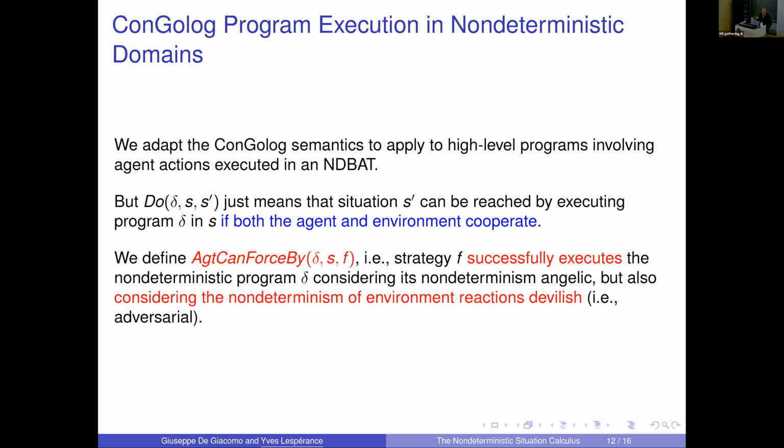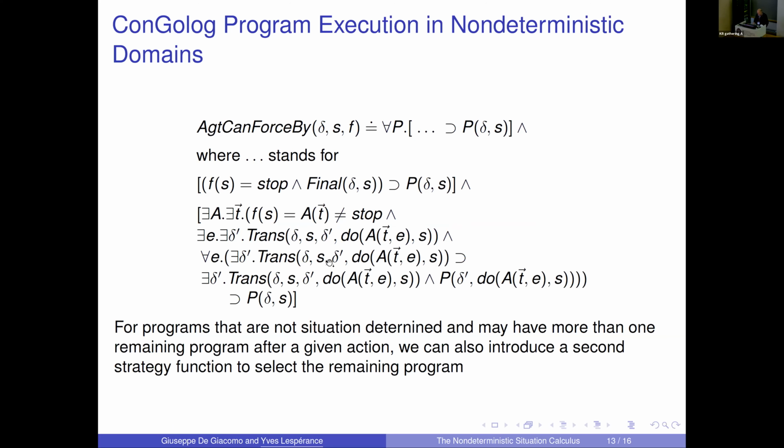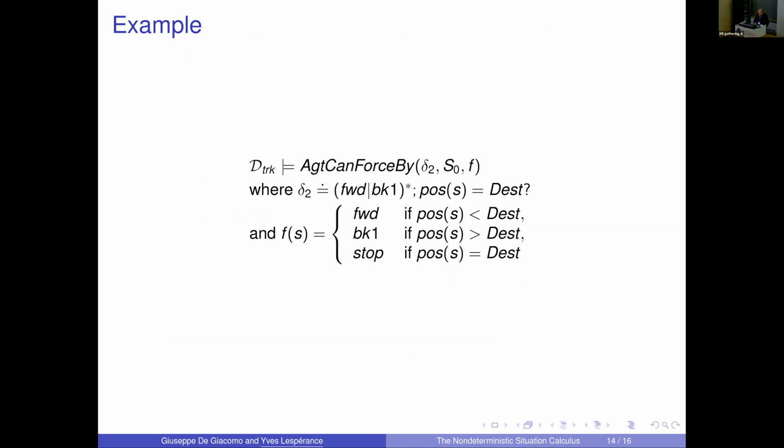So these programs include agent actions, but not environment reactions. We define a notion that the agent can force a successful execution of the program delta starting in situation S by following a strategy which chooses which actions to do. I don't have time to go into the detail, but please look at the paper.